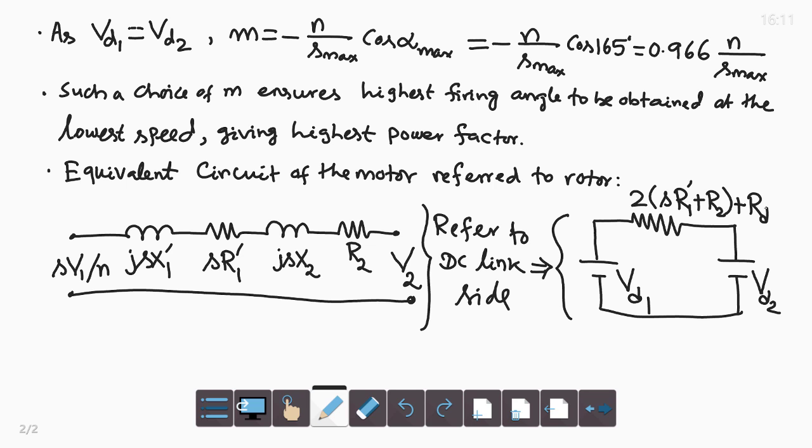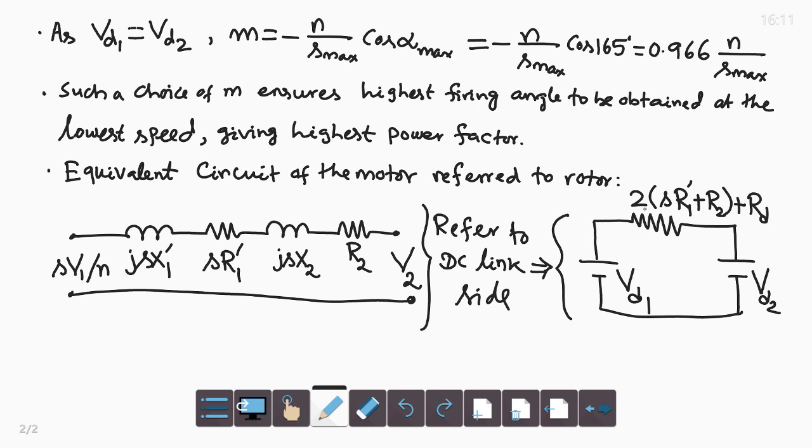Why? We are referring to the motor equivalent circuit from rotor side to the DC link side. So, to the DC link, we have the rotor voltage V2 referred as VD1 and inverter terminal side voltage is VD2 and they are connected by resistance, because in the DC link the reactances become 0, reactance have no role, and resistance when referred from the rotor side to the DC link side, resistances are multiplied with factor 2, doubled. Why?